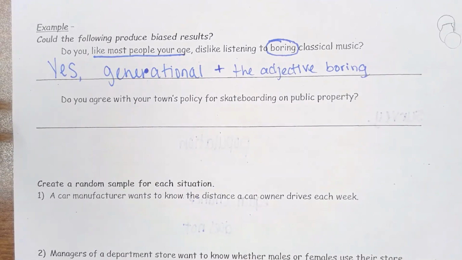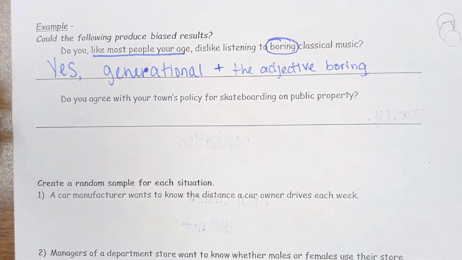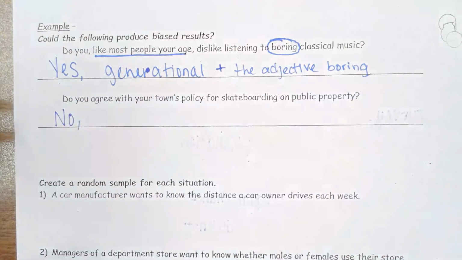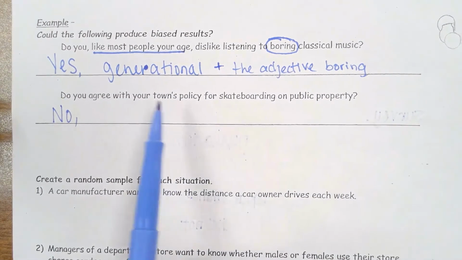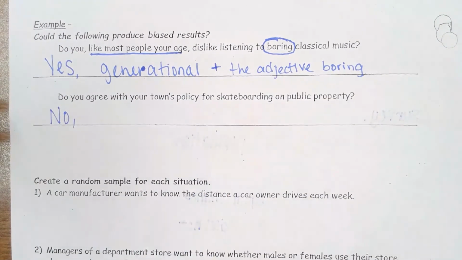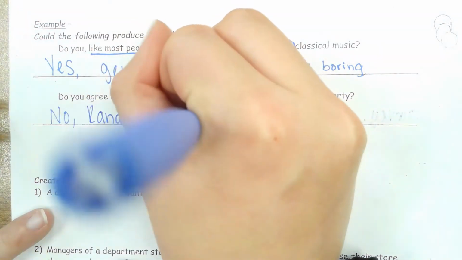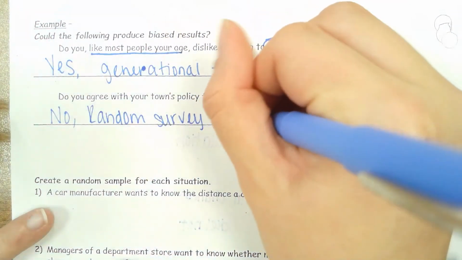All right, so then the next one, do you agree with your town's policy for skateboarding on public property? So would this produce biased results? It would not, because they're asking the people in the town for their policy on skateboarding. So this would be a random survey, and it's just a yes or no opinion.